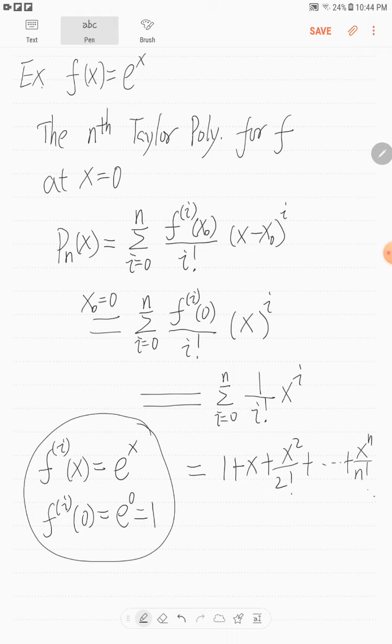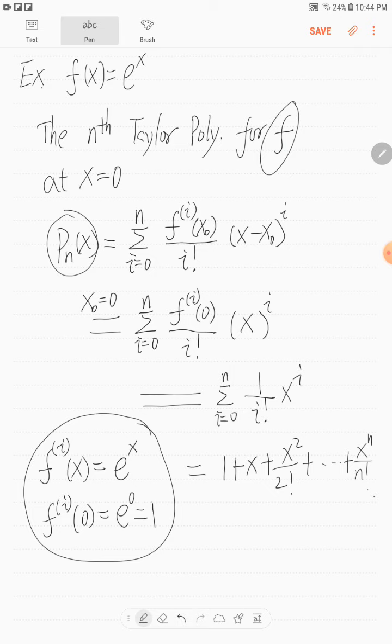And from the previous proposition, we know that this polynomial and f have contact of order n at x equals 0. That means near x equals x naught, these two functions should be very close to each other, right?